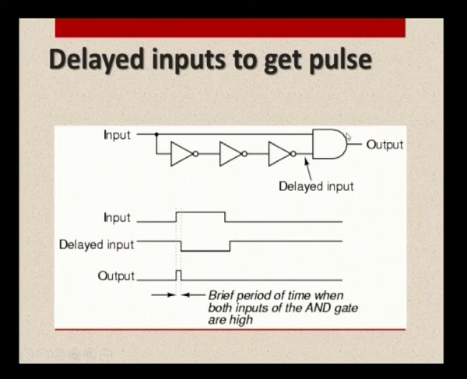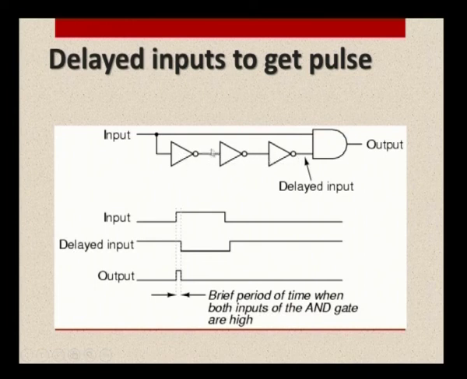Here it is an ordinary AND gate. We know the AND gate will produce an output only when the two inputs are high. Here there is an input given and there is a delayed input given for the other terminal of the two input AND gate, and here we have several NOT gates.